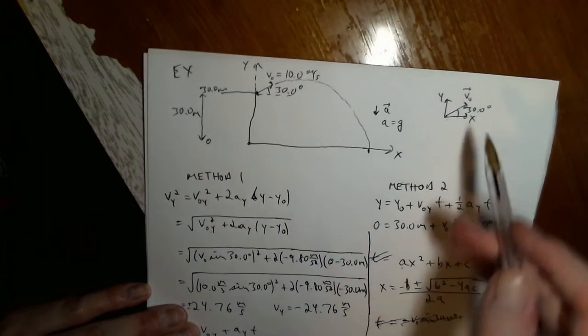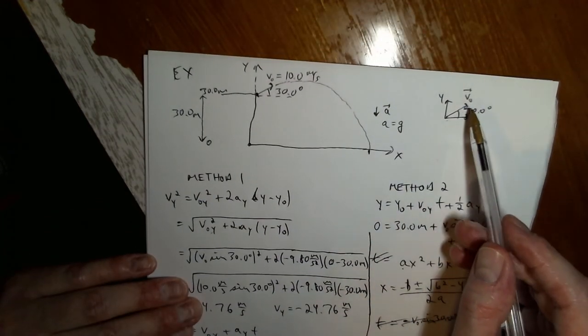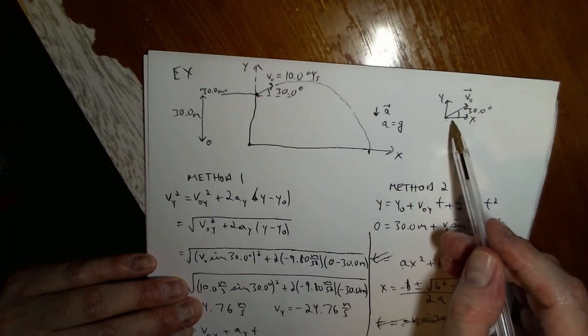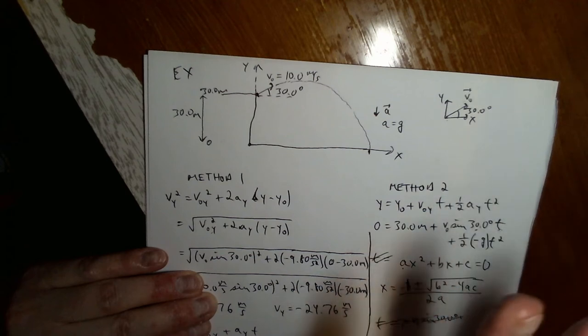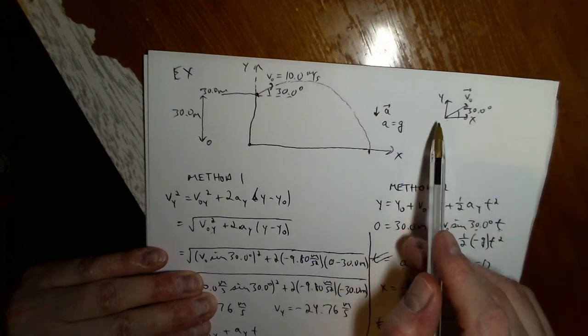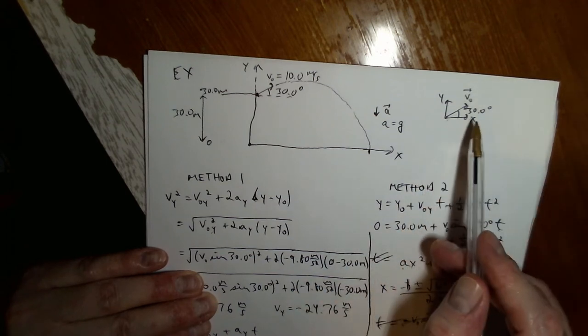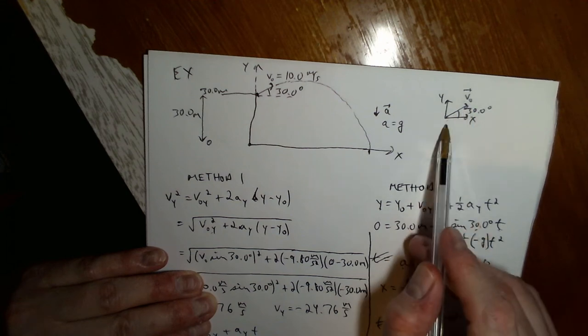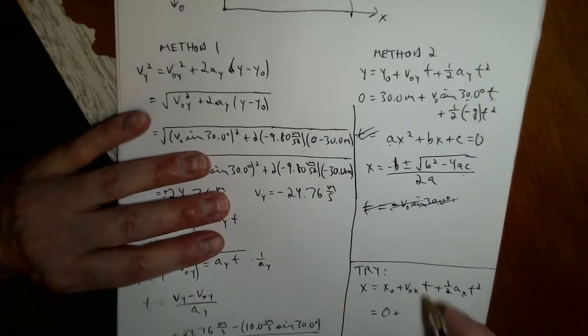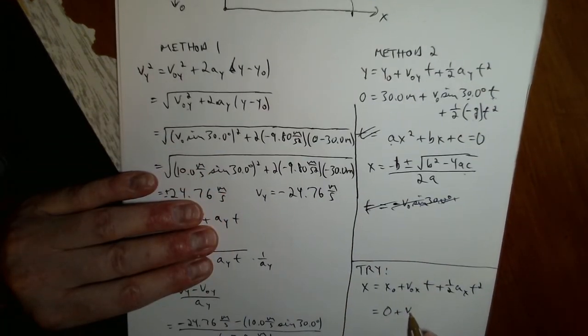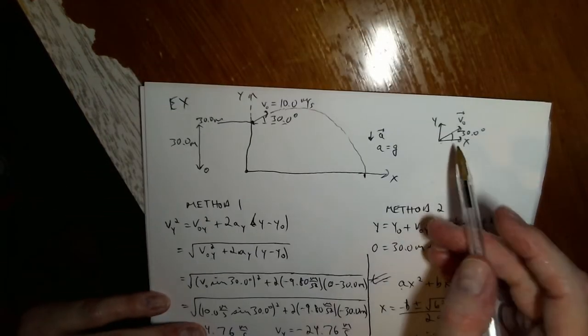So v sub naught x is the magnitude of v sub naught times the x component of v sub naught. We have the two questions: first of all, is the x component positive or negative? Well, v sub naught points in the positive x direction. It points to the right. So it's going to be plus the magnitude, v sub naught, times either cosine or sine.